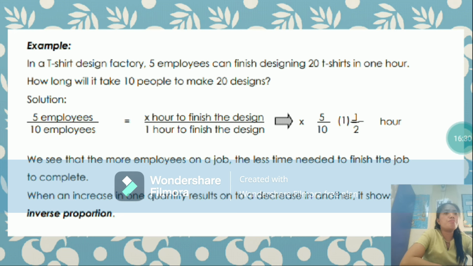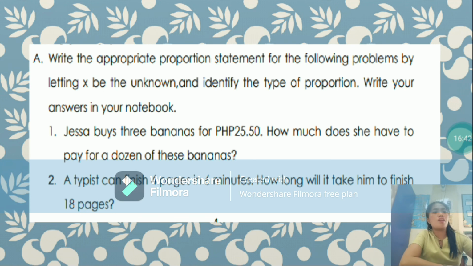Okay, so let us proceed. Now this time, we will have an activity. Write the appropriate proportion statement for the following problems by letting x be the unknown and identify the type of proportion.